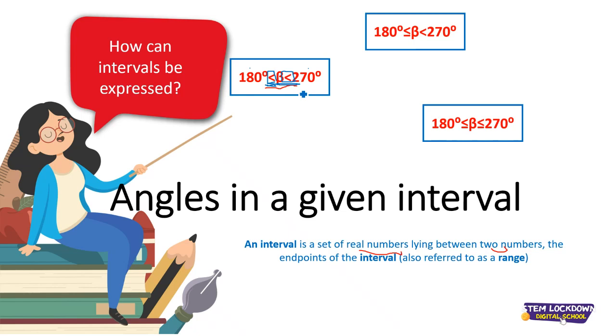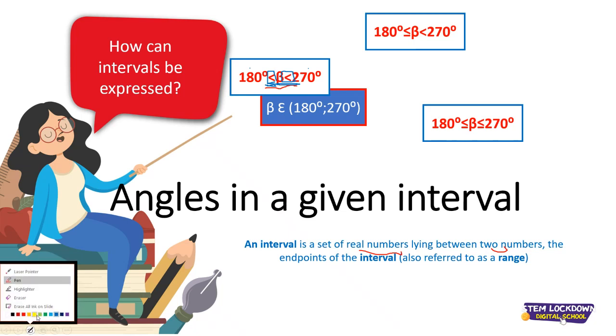And how you'd express that in, let's call it trigonometric interval language for our sake, you would write this as beta is an element of 180 degrees up to 270 degrees, with special attention to the brackets.